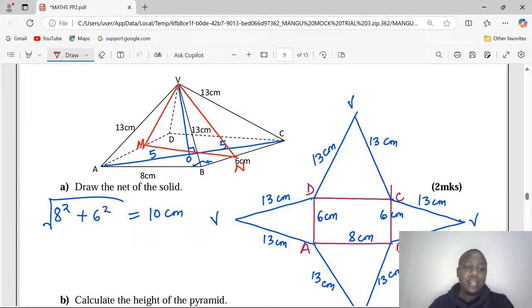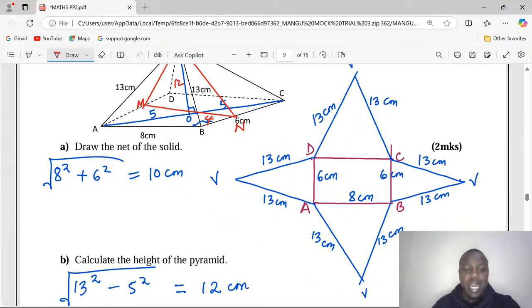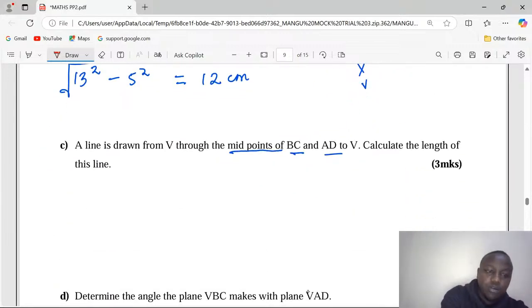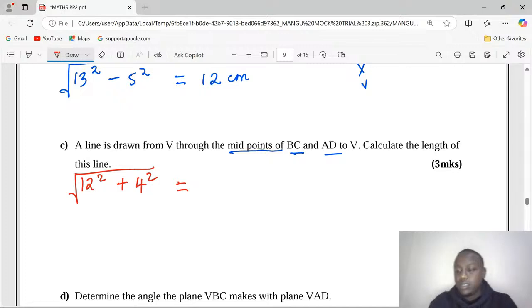MN is just a translated AB, so it's 8 centimeters, which means O to N is 4 centimeters. So 4 centimeters and 12 centimeters, then we will get VN. 12 squared plus 4 squared, the square root. So the square root of 160.